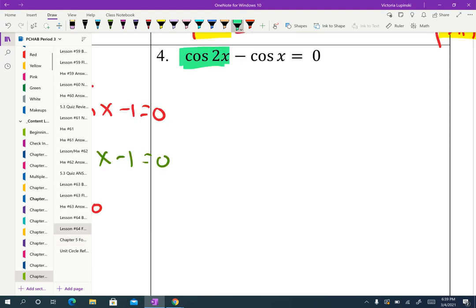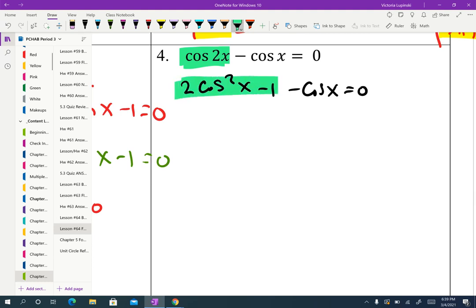So I'm going to go ahead and replace the cosine of 2x with 2 cosine squared x minus 1 minus cos x equals 0. And again, a little bit of color coding for you just to make sure you understand exactly where the formula went. Then I'm going to do a little bit of rearranging. So 2 cosine squared x minus cos x minus 1 is equal to 0. From here, it may or may not be factorable.